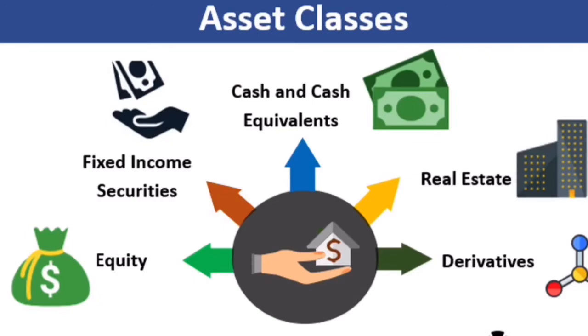Okay, examples of assets are cash or cash equivalents. Cash equivalents means it can be in foreign currency, like US dollar, sterling pound, or maybe ringgit Malaysia, or other foreign currency. Real estate means properties, housing, condominiums, or shop houses. Derivatives are a certain amount of money fixed by the company, normally.